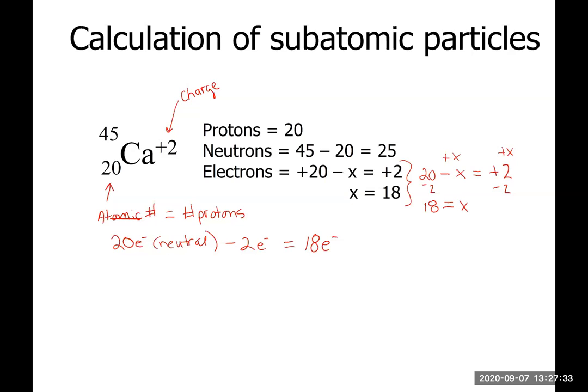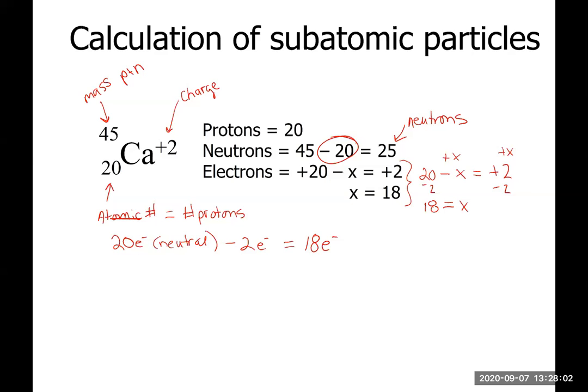The easy one here is the neutrons. So with the neutrons, we're going to take the mass number, and the mass number is the number of protons plus the number of neutrons, we're going to subtract the number of protons, and that leaves us with 25, which is the number of neutrons that we have.